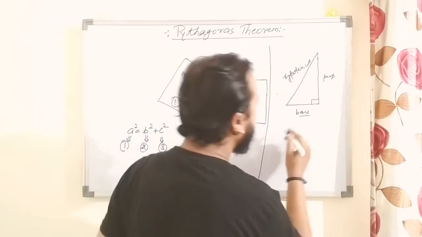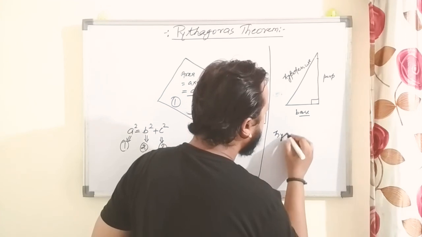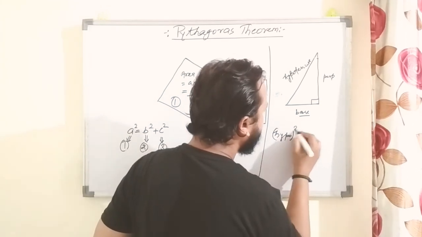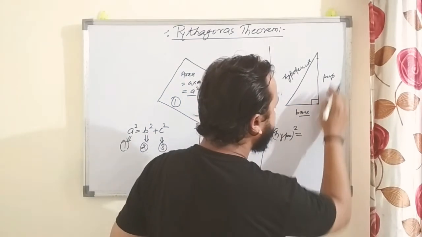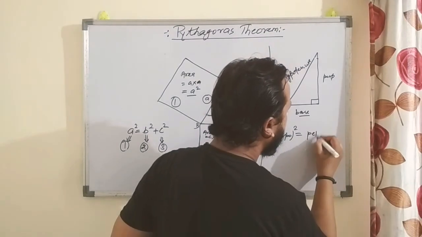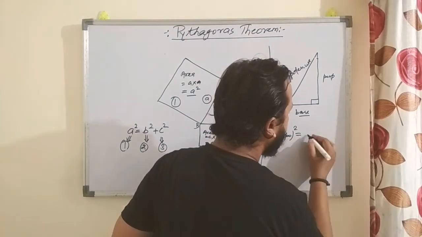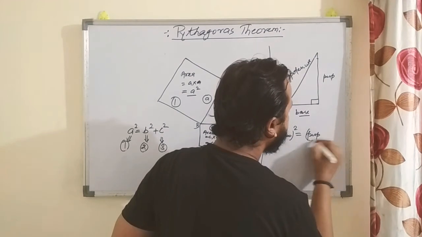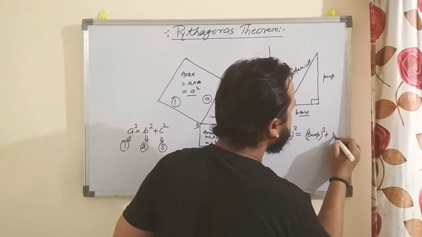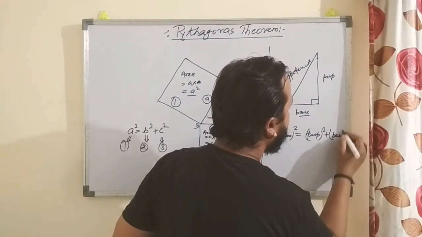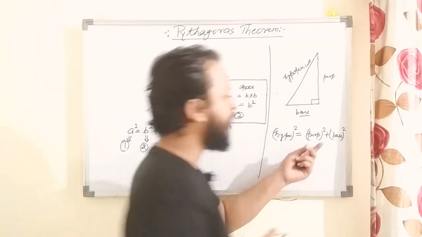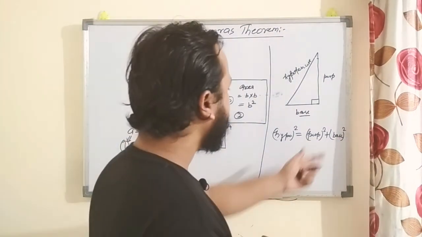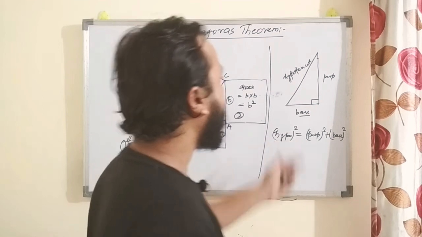what he has told means the square of hypotenuse is equal to the sum of the square of perpendicular plus base. Sum of square of perpendicular and base is equal to hypotenuse square.